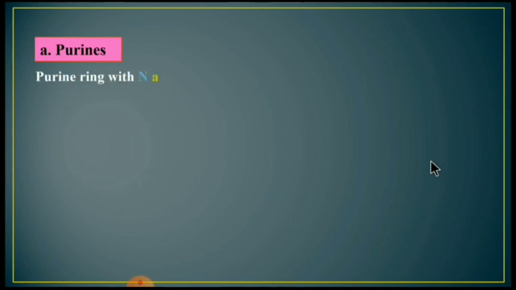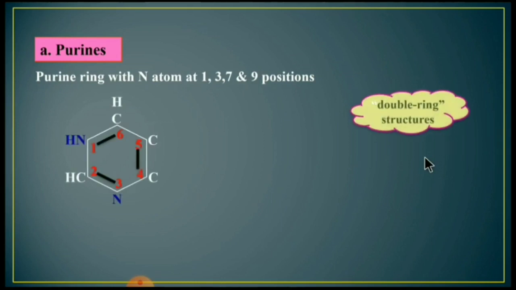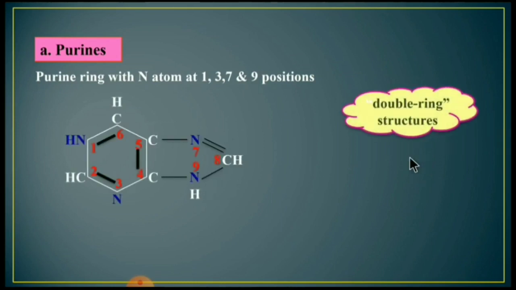We'll move to the first one, purines. Purines are the type of nitrogen bases where nitrogen atoms are at the 1, 3, 7 and 9th positions. They are double ring structures. Purines are double ring structures with nitrogen atoms at 1, 3, 7, 9 positions.